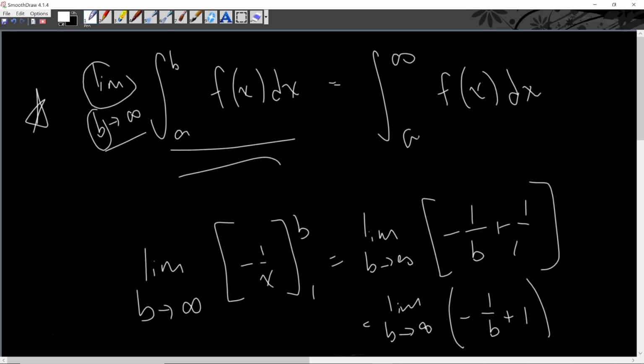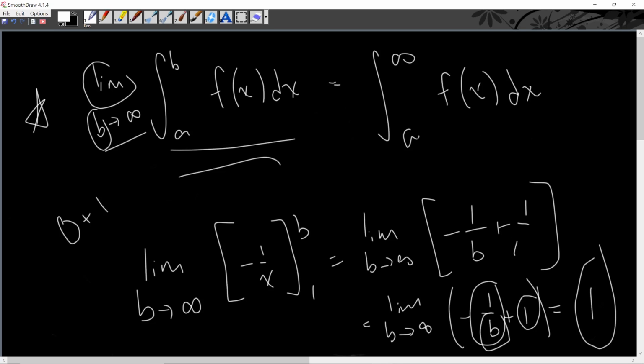So 1 divided by some very, very large value is a very, very small value. So we're going to have 0 plus 1, which is 1. And yes, we did talk about why the limit of 1 over x as x approaches infinity, or in this case b approaches infinity, is going to be 0. And as b approaches infinity, 1 does not change. So we're going to be left with simply 1.